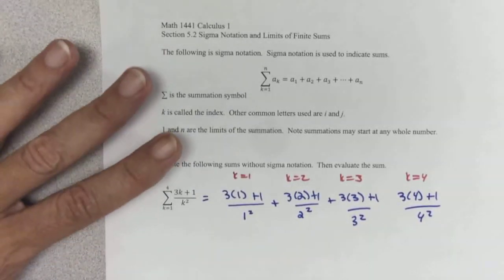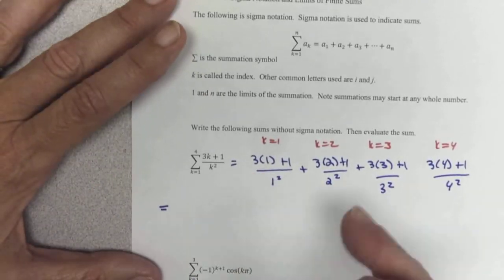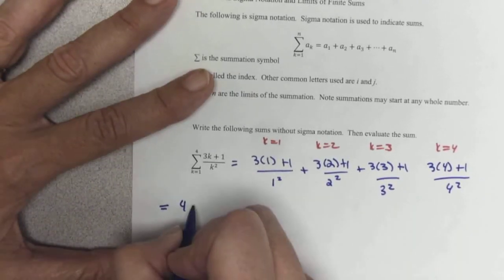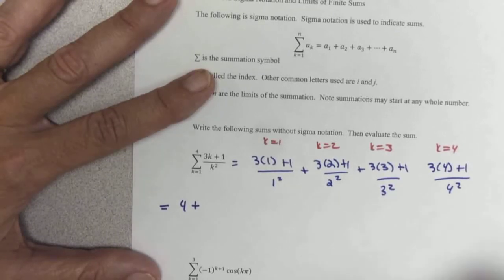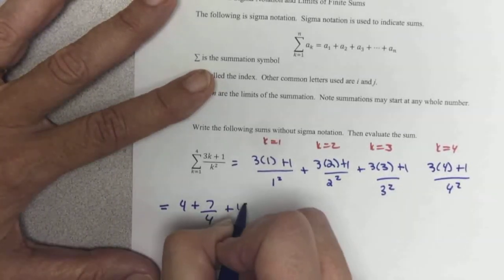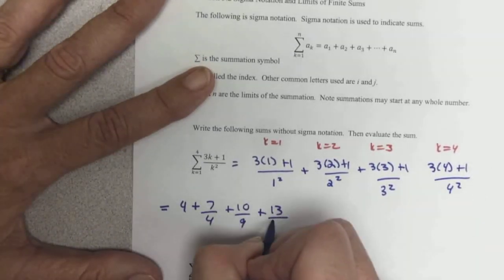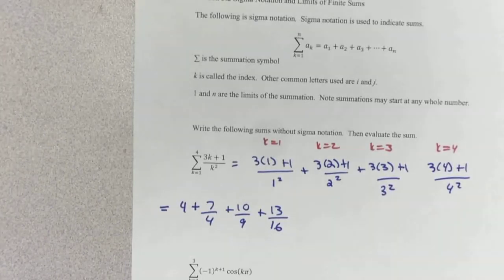Then just do the evaluation, and the arithmetic really isn't the point here. That's going to give me 4 on the first one. The next one would be 7/4. The third one would be 10/9, then 13/16, and then whatever that equals after that, you would need a common denominator.